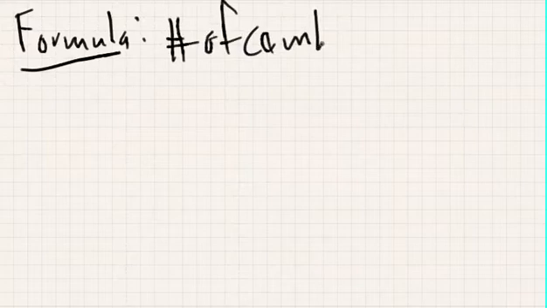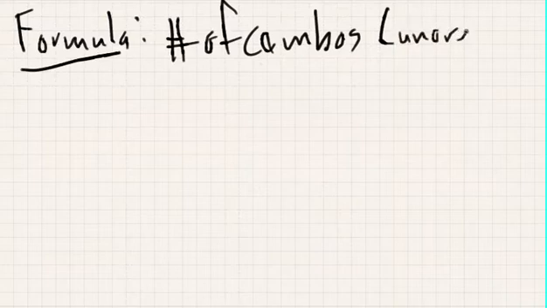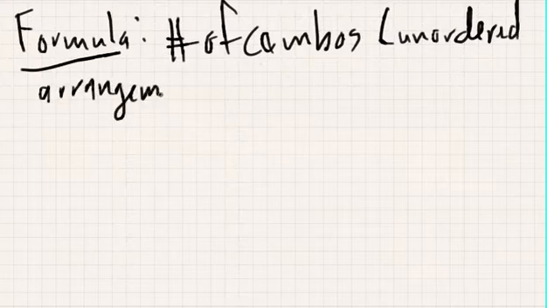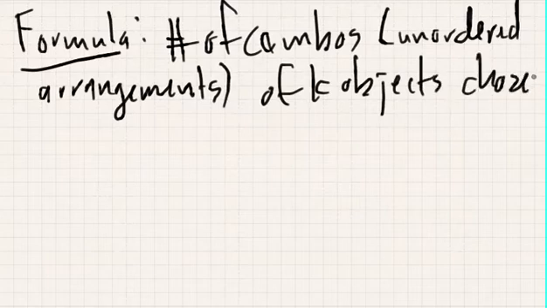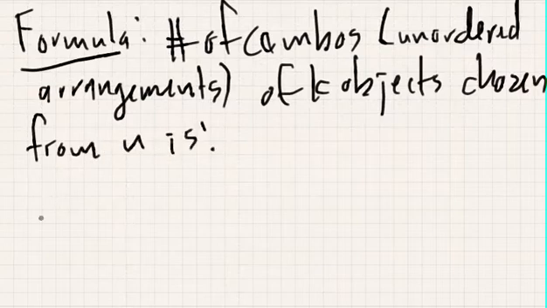So here is the general formula. The number of combinations, this means unordered arrangements of k objects chosen from n, we write this two different ways.